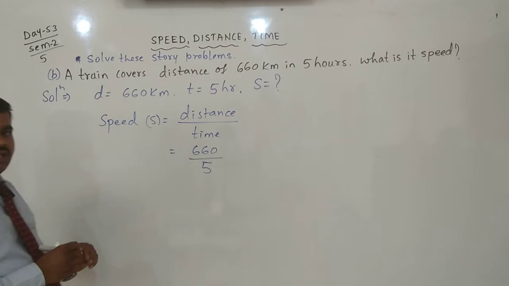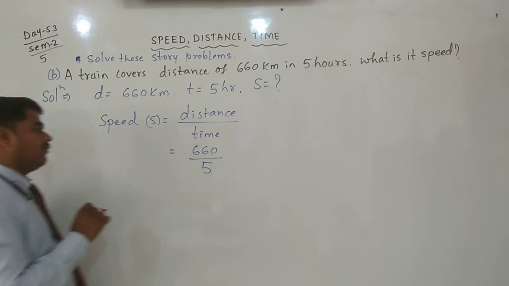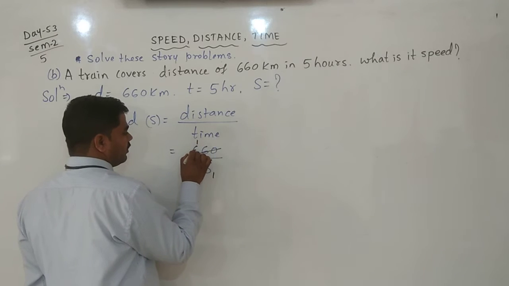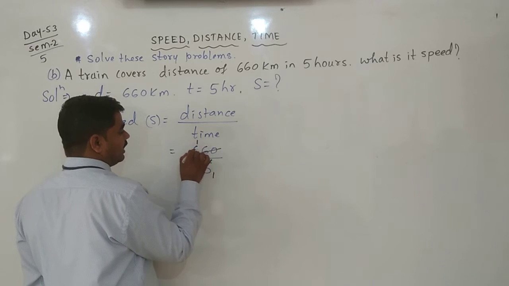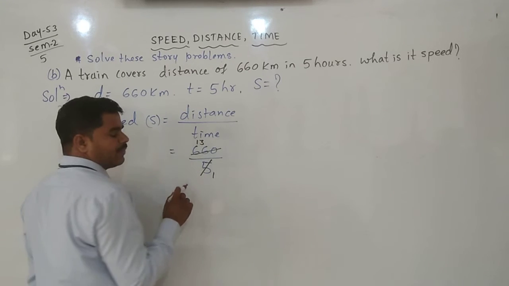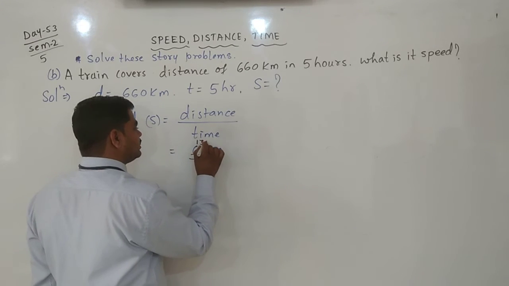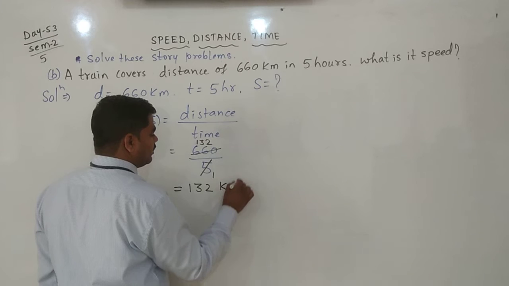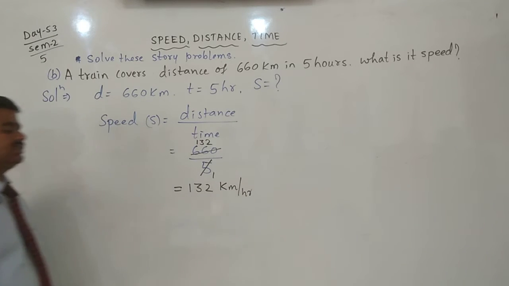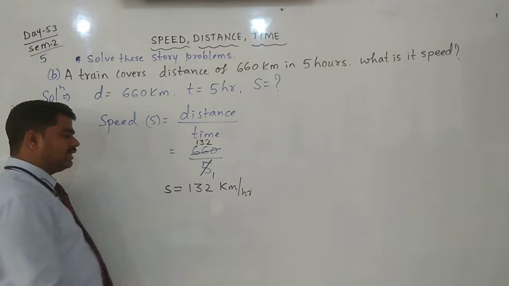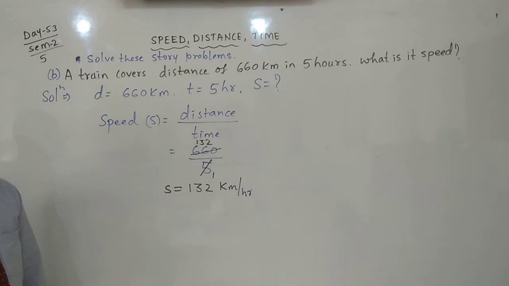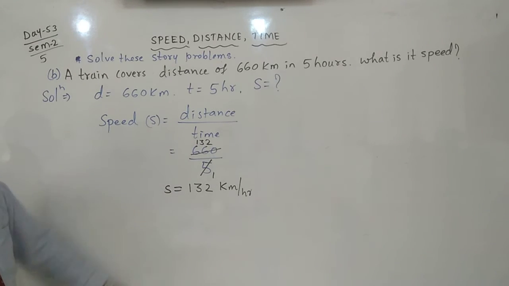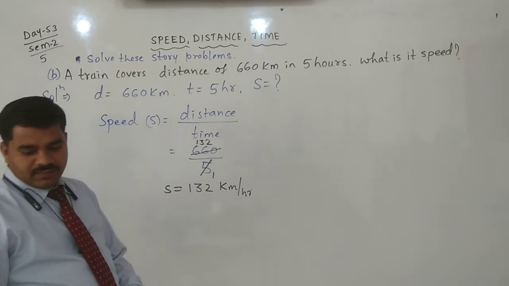Here you can do cancellation. 5 1s are 5, 1 remains, 1 plus 1 is 16, 5 3s are 15, 1 remains, 10, 5 2s are 10. So the answer is 132 kilometers per hour. That is the speed of the train. Simple now. Write down this one also and see the question.